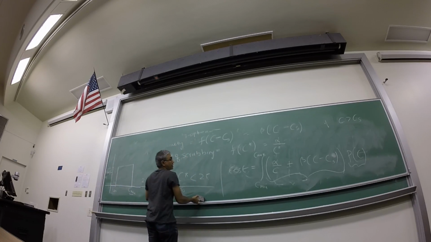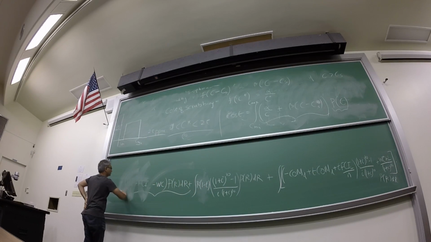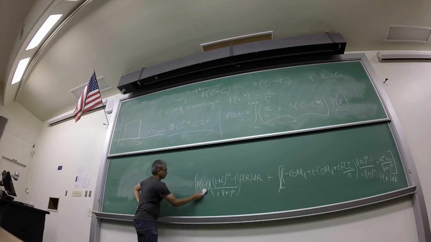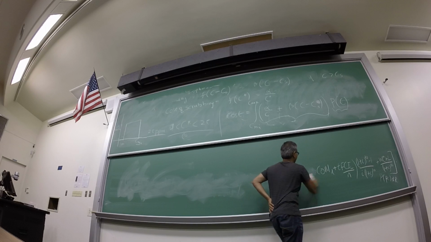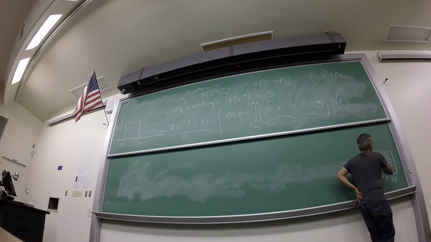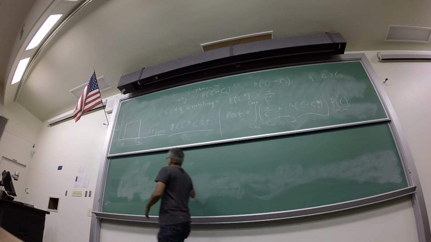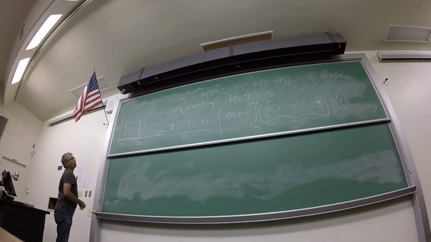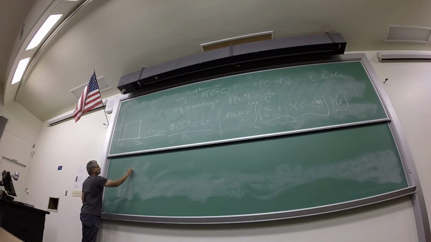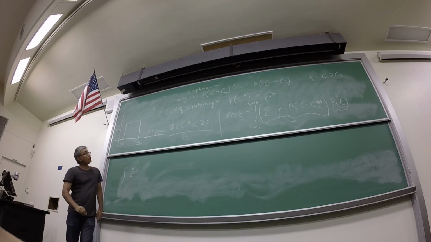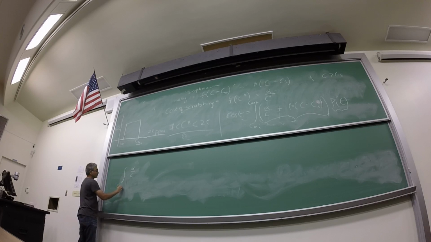Actually, I can use this board. Okay, so now let's look at Cmin to Cmax, alpha over C. So alpha over C is the cost of scrubbing. So it is Cmin to Cmax.